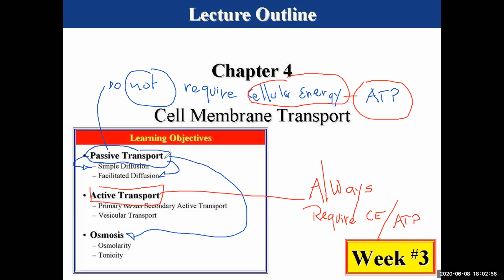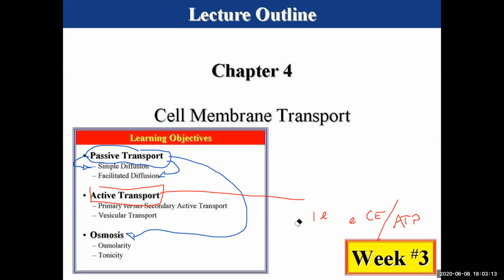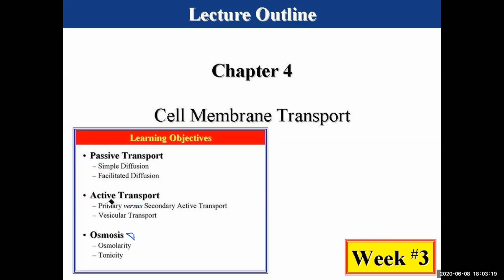Now, why did I split osmosis from passive transport? There's a reason to that. So here is the reason. When we talk about transport mechanisms across the cell membrane, we have two types of cargoes. So both on top here, we are talking about transporting solutes across the cell membrane.